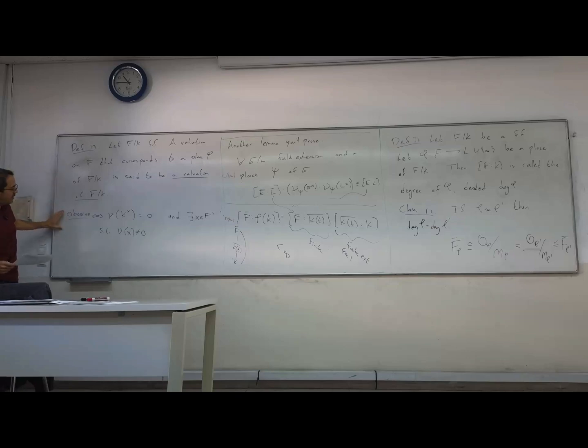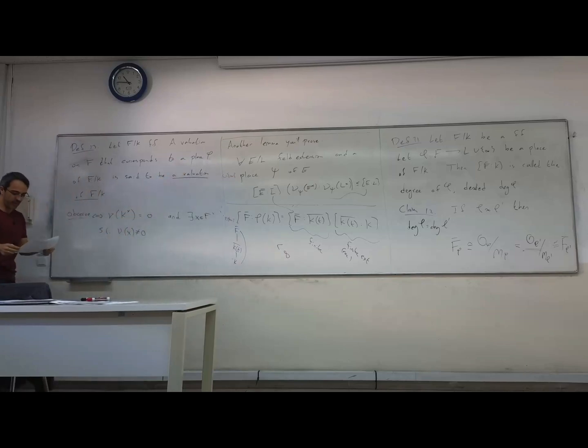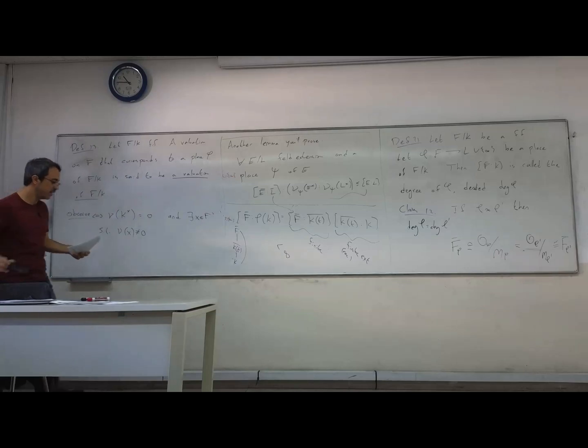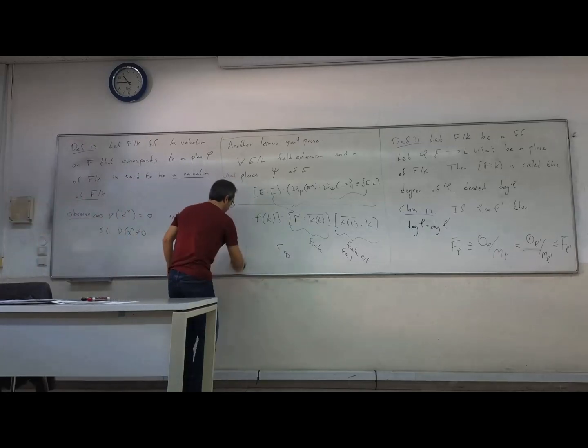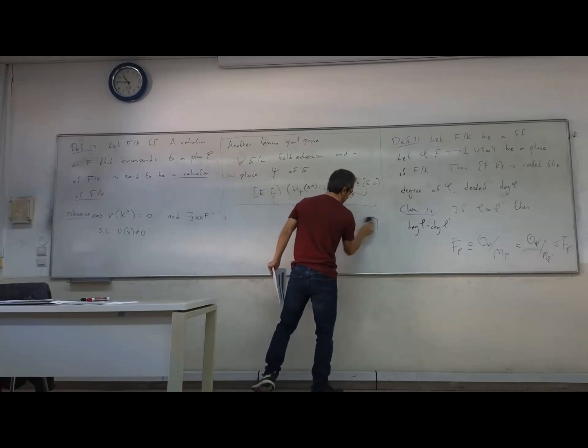If I would have written this, I probably would have needed to say that it corresponds to places of F over K. So you can take this as the definition, and this is the characterization the other way around. You want to connect all the V's and P's, and so I think it's arbitrary. So we'll care about these valuations that are trivial on K and non-trivial on F.